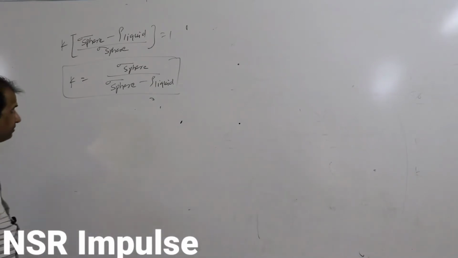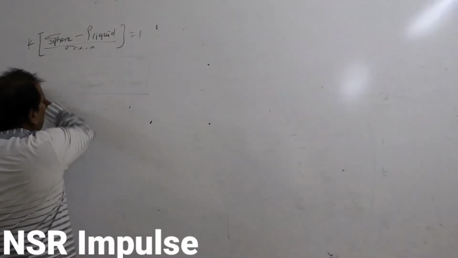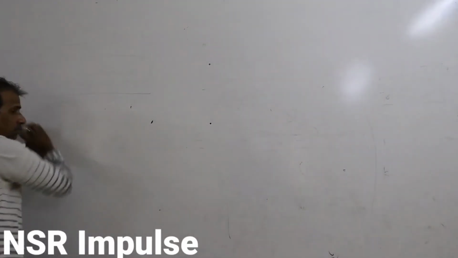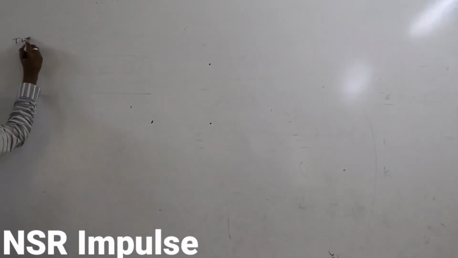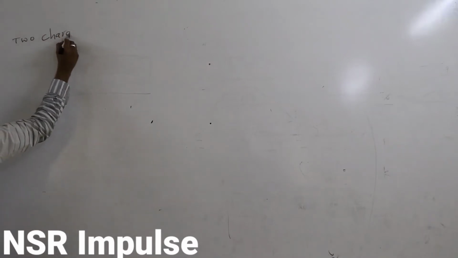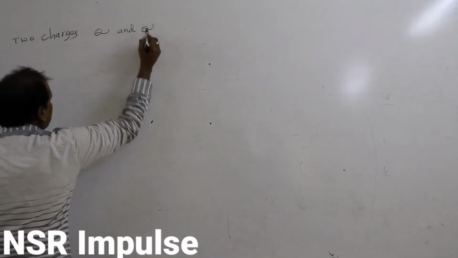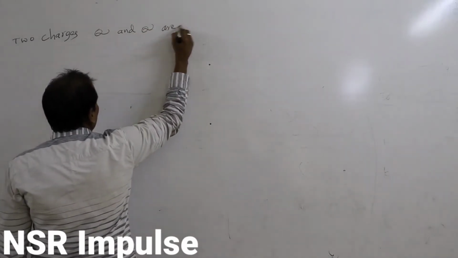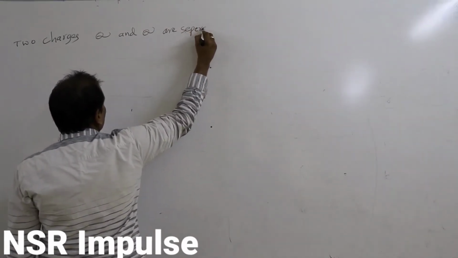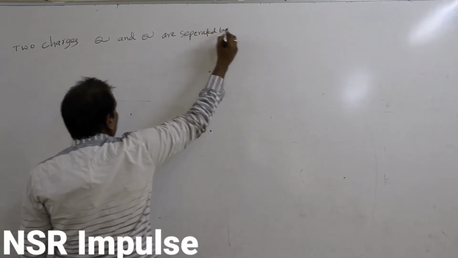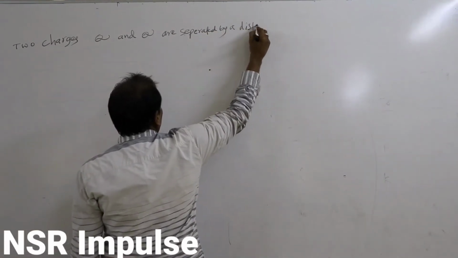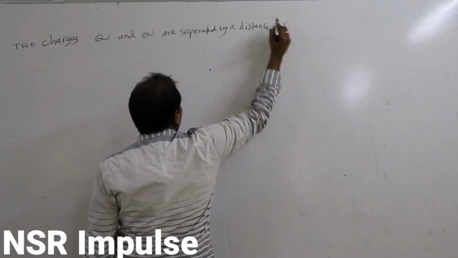Next case is: two charges Q and Q are separated by a distance d.